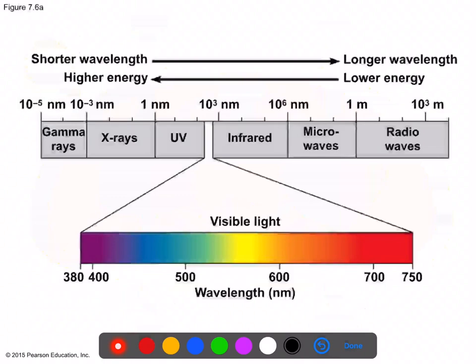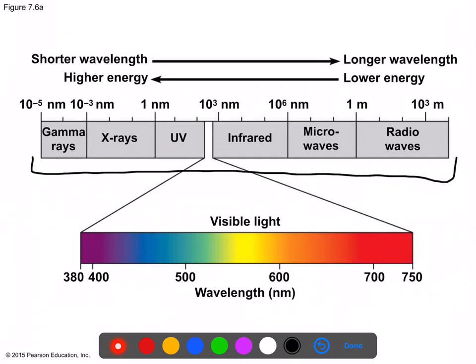Let's talk about light itself, okay? So far we've been calling it sunlight, but we need a better name, especially since we learned about how energy travels in the form we call light, or light energy. This slide shows what we call the electromagnetic spectrum, okay?